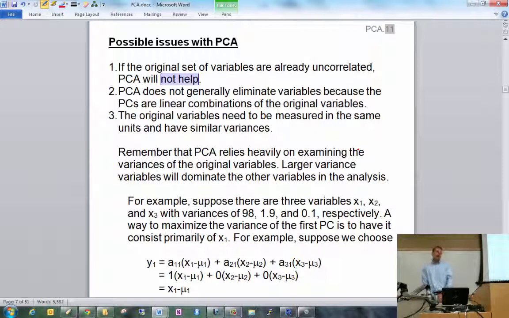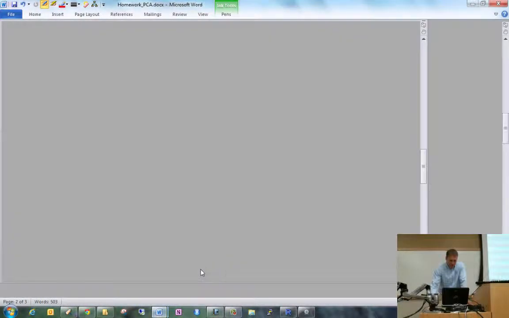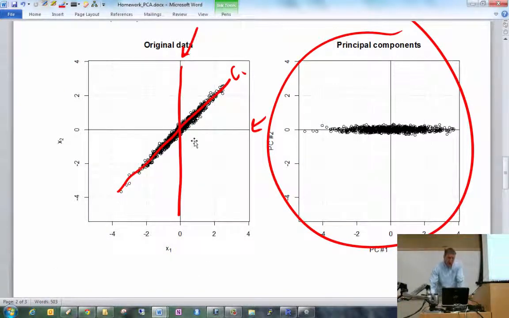Why? Well, again, think of it in terms of what we saw here. Essentially, x1 and x2 have high correlation. So if you know what x1 is, you have a good idea what x2 is essentially. And so that's why this principal component stuff is going to work.